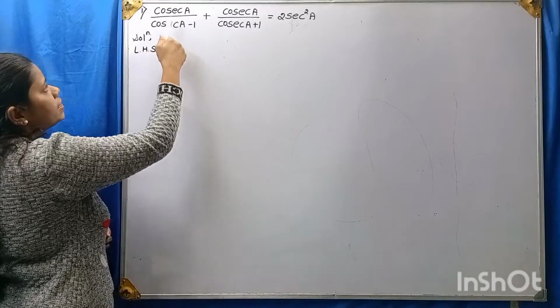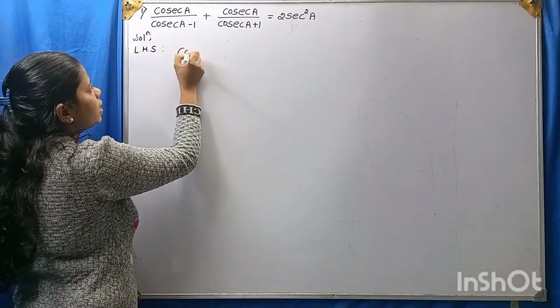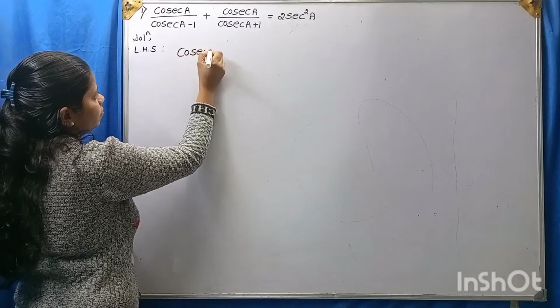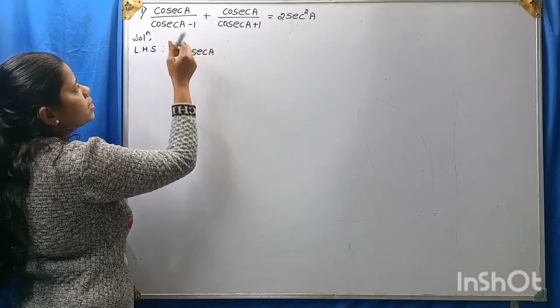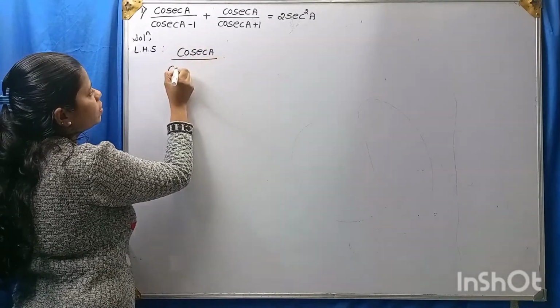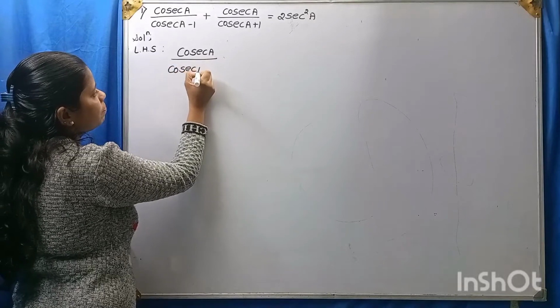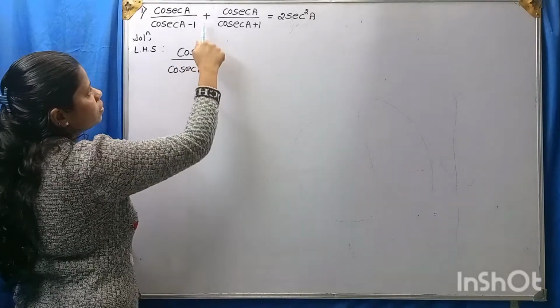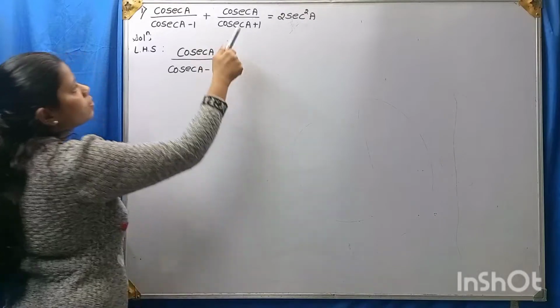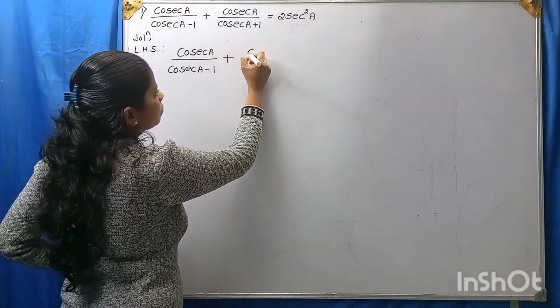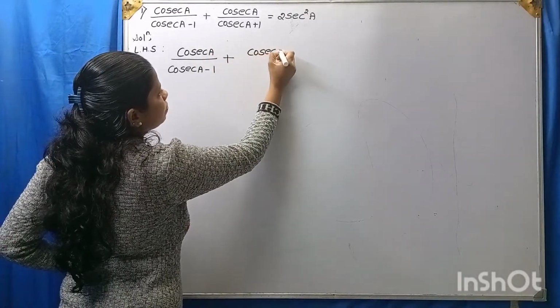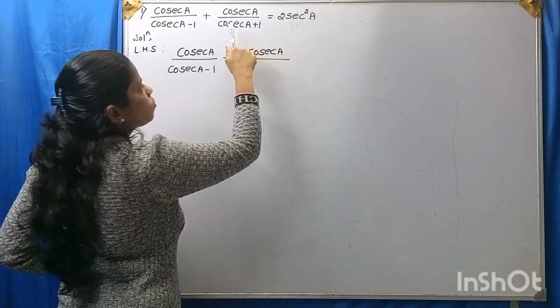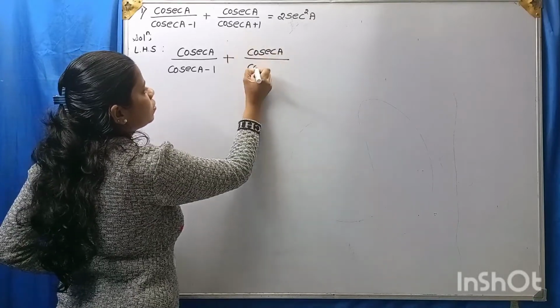We know the LHS is cosecant A divided by cosecant A minus 1, plus cosecant A divided by cosecant A plus 1.